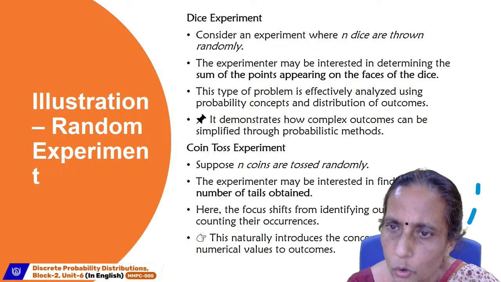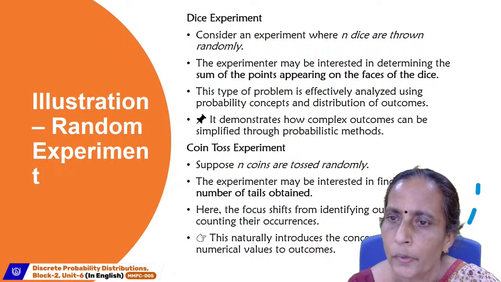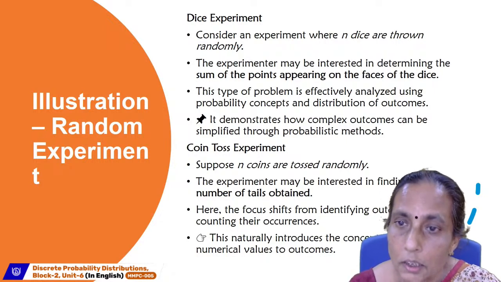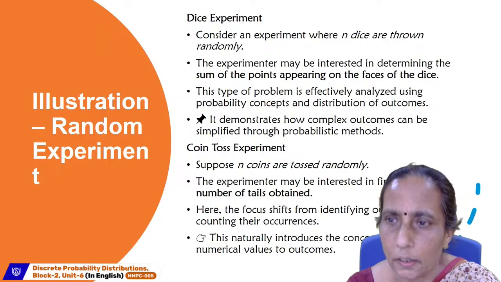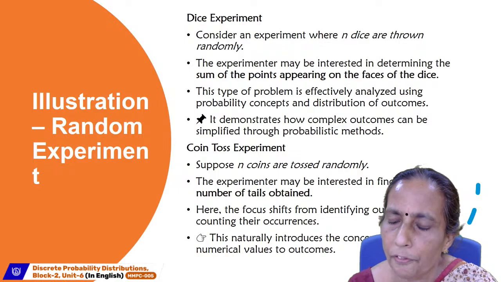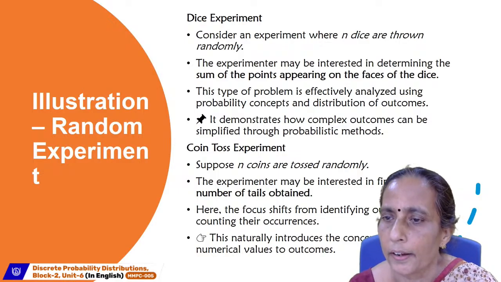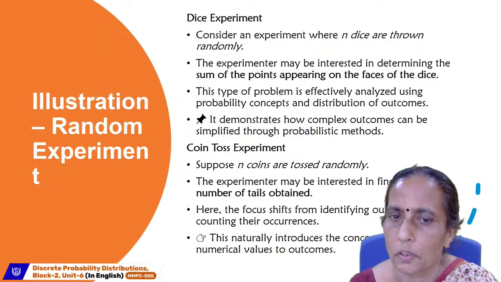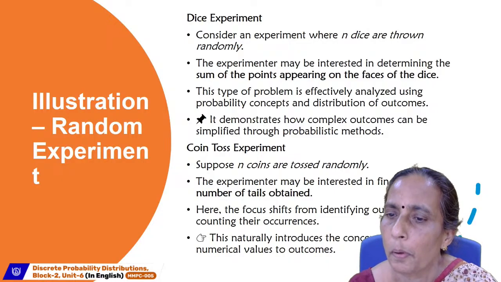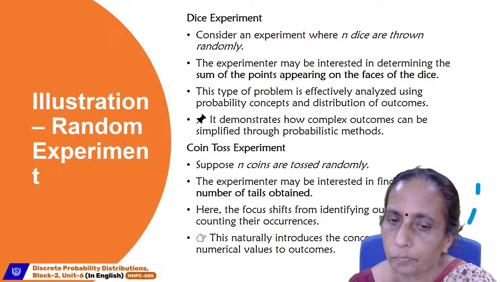When I throw all the dice together, one face of each will be visible. The sum of the faces is the interest of the experimenter. This type of problem is effectively analyzed using probability concepts and distribution of outcomes. It demonstrates how complex outcomes can be simplified through probabilistic methods.